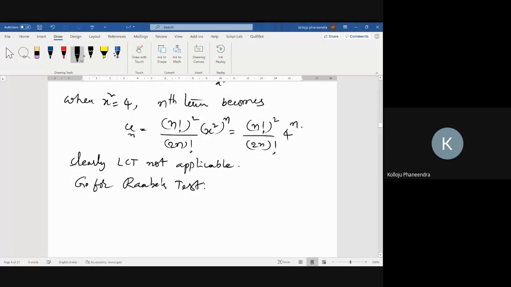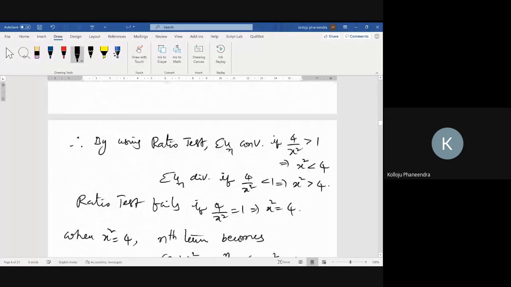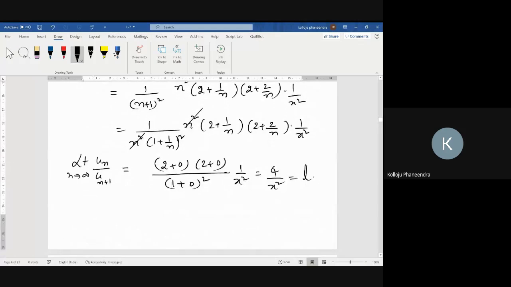And in Raabe's test, what is un by un plus 1? Already we calculated un by un plus 1, so no need to do again. Where is un by un plus 1? Here it is. I will write here un by un plus 1, this entire part.